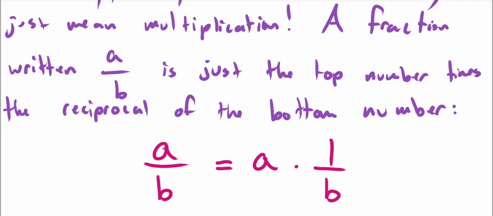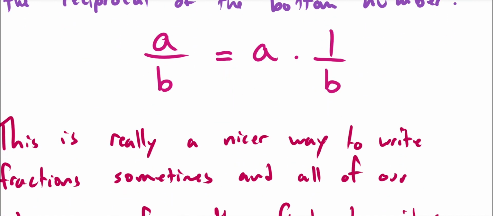And this is actually a nicer way to look at fractions than trying to think of them as carving up pieces of a pie or any of that kind of nonsense. At least as long as what we're really trying to do here is not cut up pies, but get some product or some arithmetic or some kind of algebra problem figured out.